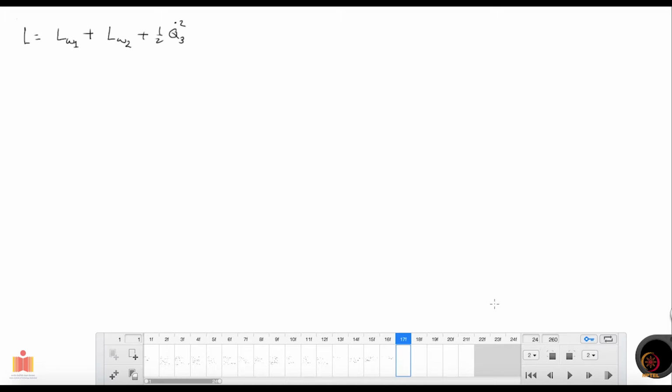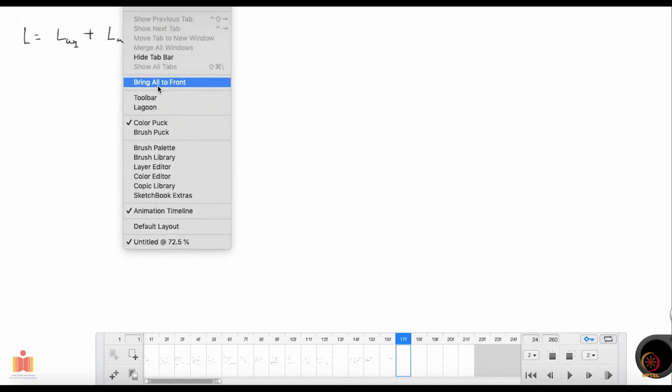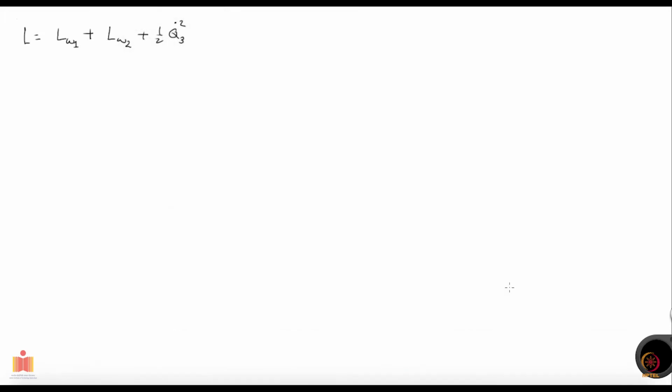Now this system I can pictorially represent like this. My system is equivalent to that of having two harmonic oscillators.